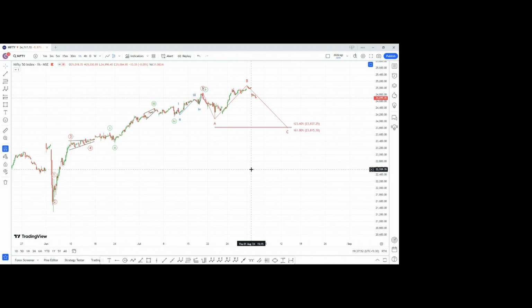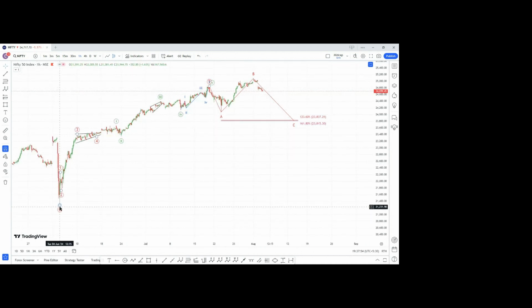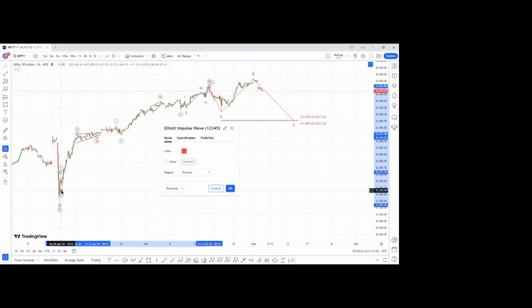Now if we consider the initial view, the bottom which was made after results, or on the day of results, is a sort of new impulse.